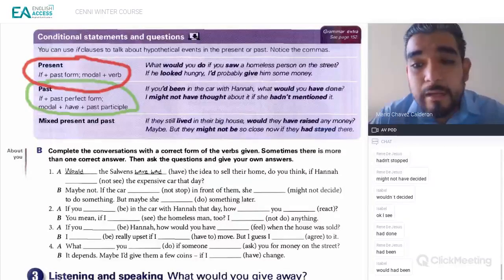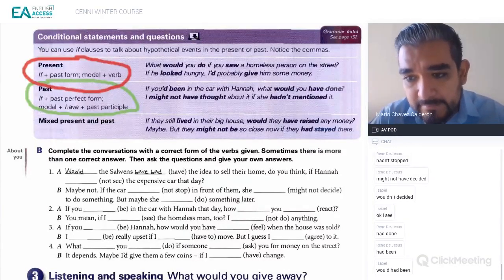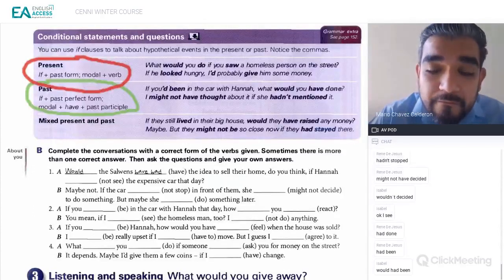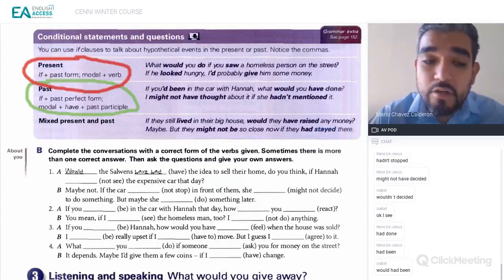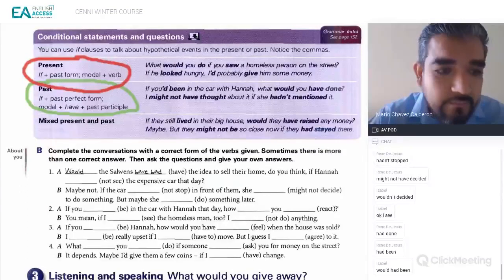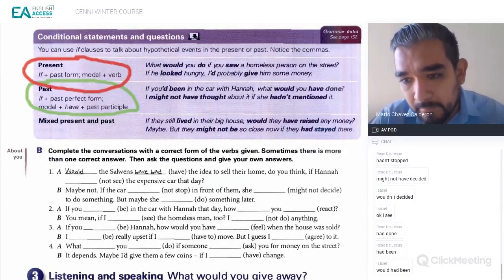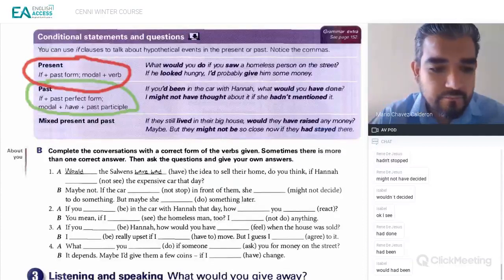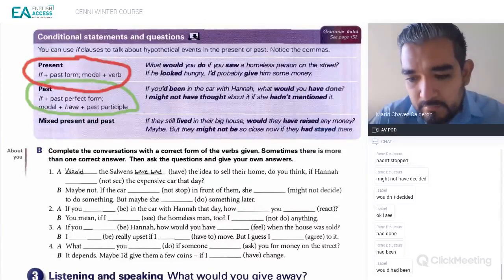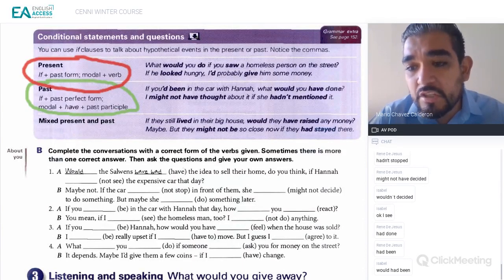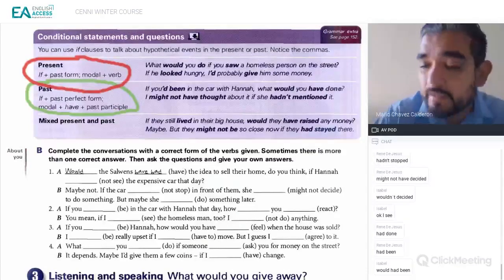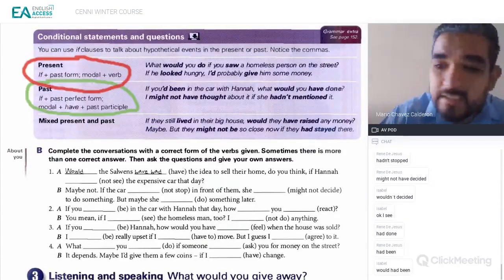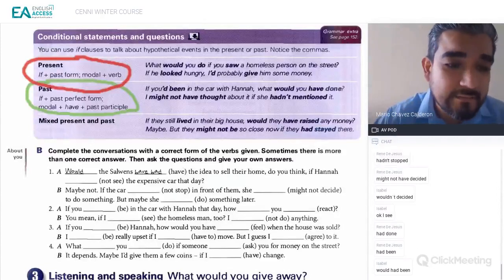But whenever you talk about something imaginary about the past, you use if plus the past perfect, then the comma, and then would have plus past participle. That's the structure. Now, if you in the car with Hannah that day, that is something imaginary about the past because it happened already. Hannah was in the car many years ago. It's not right now. It's about the past.